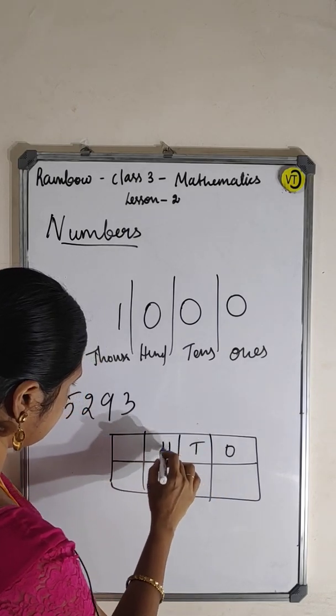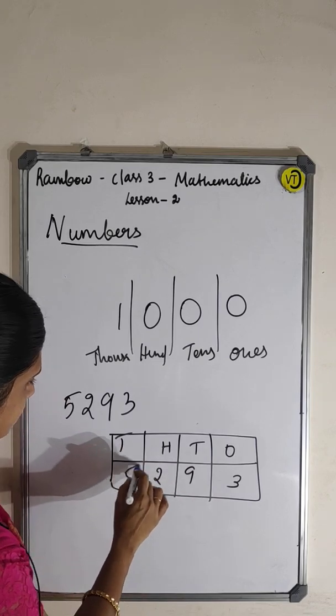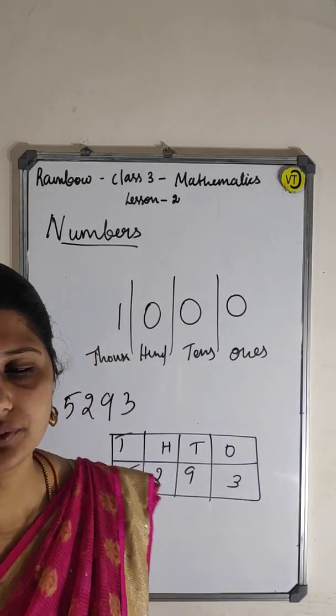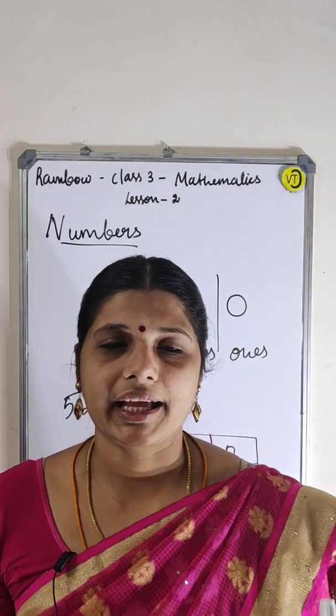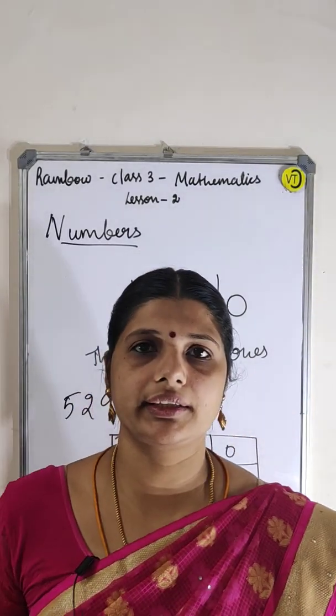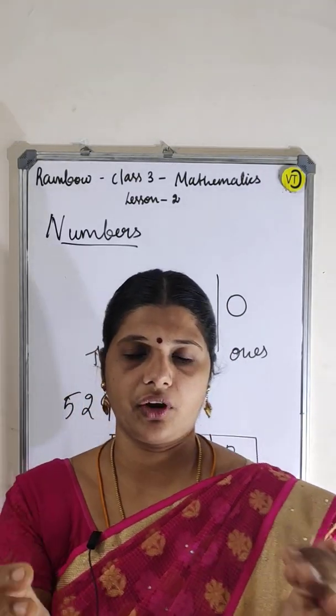Ones, tens, hundreds, thousands. Okay, this is 5293. Can you see the board here? 5, 2, 9 and 3. This number is in standard form. Standard form means the number 5293 written in numerals.